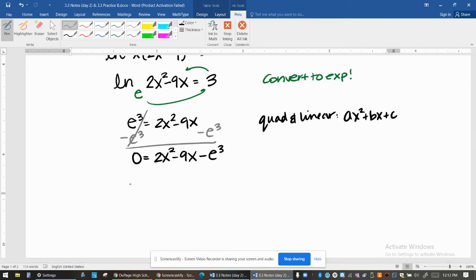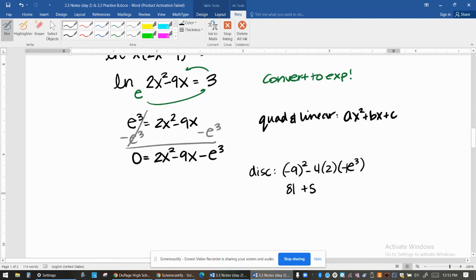So what we're going to do is the quadratic formula. I'm going to do the discriminant off to the side, b squared minus 4a c, and I'm actually going to leave e cubed as e for now. It'll make your life easier, kids. So 81, negative 4 times 2 is negative 8 times the negative 1 that's in front of the e.